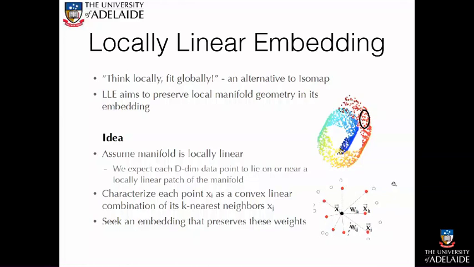And in the embedded space, we preserve the weights, which means we preserve the local neighborhood relationship in the embedded space as well, which means the original space and the embedded space share the same local neighborhood information.